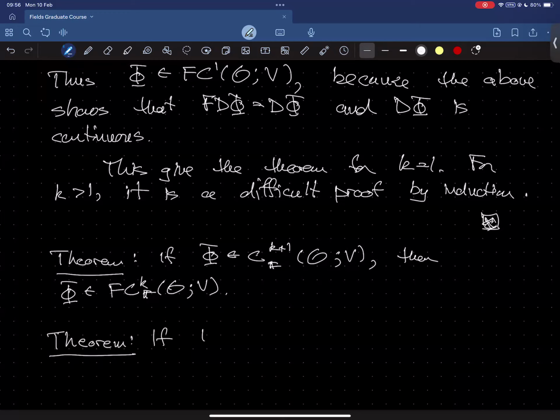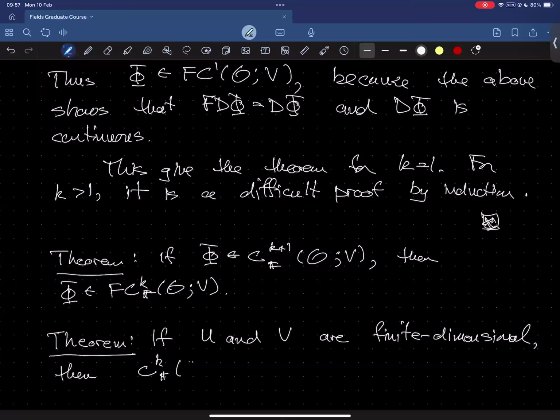So if U, and in fact you only need here for U to be finite dimensional, but I'll stick to making the connection to the case that everybody's familiar with, so if U and V are finite dimensional, like say Rn and Rm, then Ck is equal to FCk.